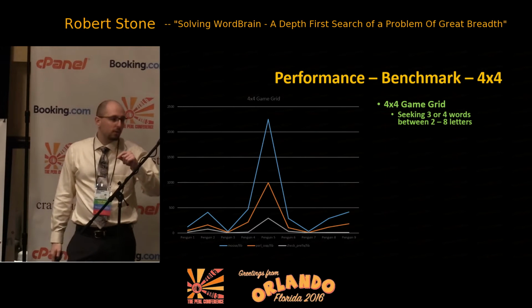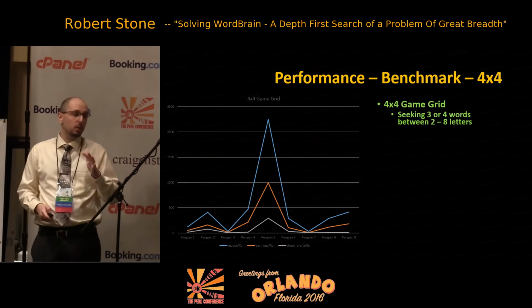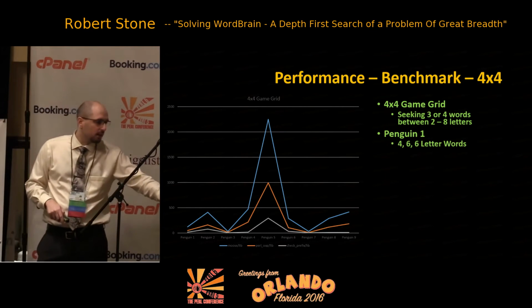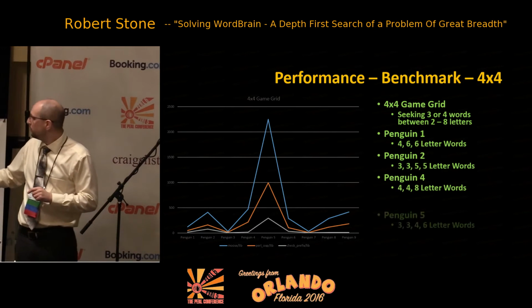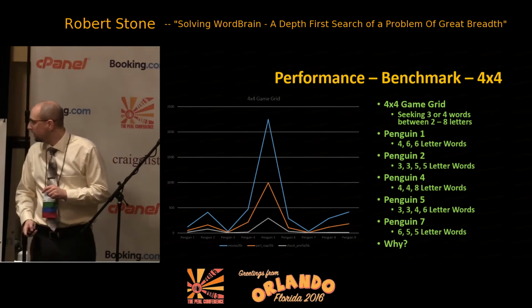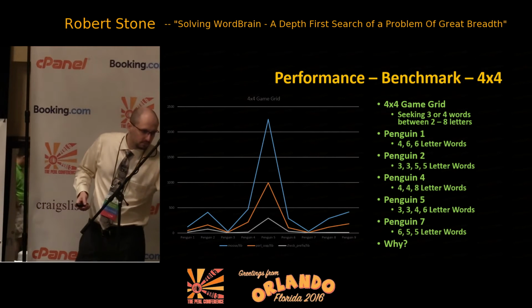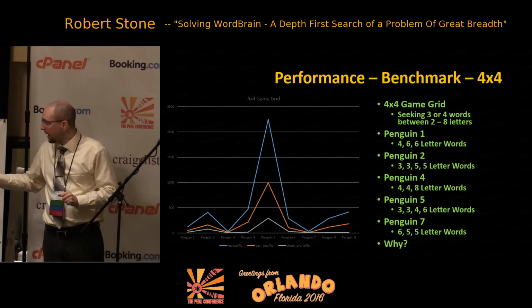This is the 4x4 grid. What's different here is we're seeking 3 or 4 words, and they're between 2 and 8 letters each time. For Penguin 1, 2, 4, 5, and 7, we have basically the same question that we're asking. We're doing okay. We got 4 minutes. We see Penguin 1.